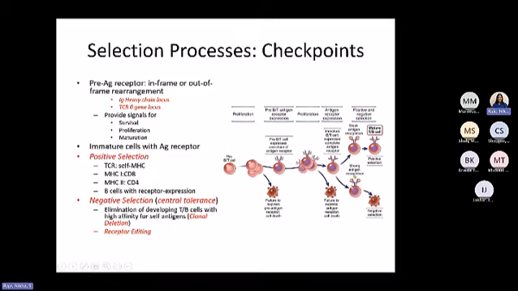If it binds too tightly with high affinity, these are going to be self-antigens, so these cells will die because you don't want self-reactive cells to survive and cause problems for the body. That's called clonal deletion, which is negative selection.